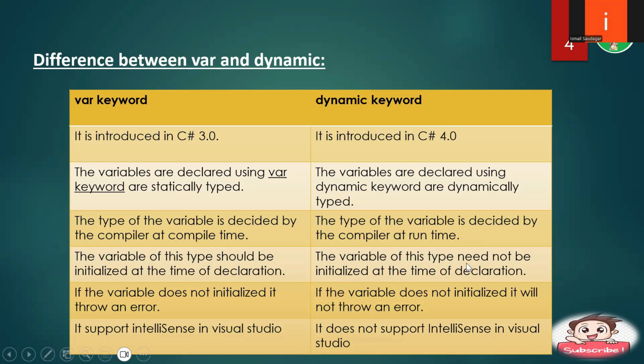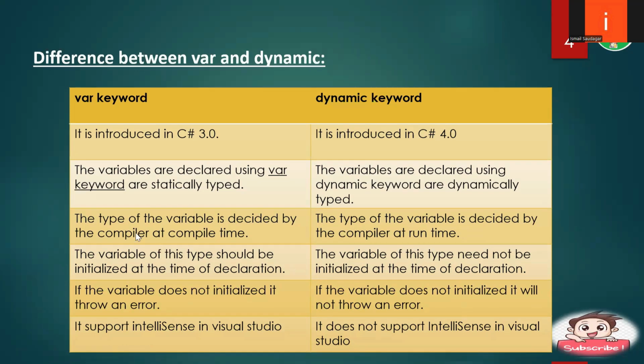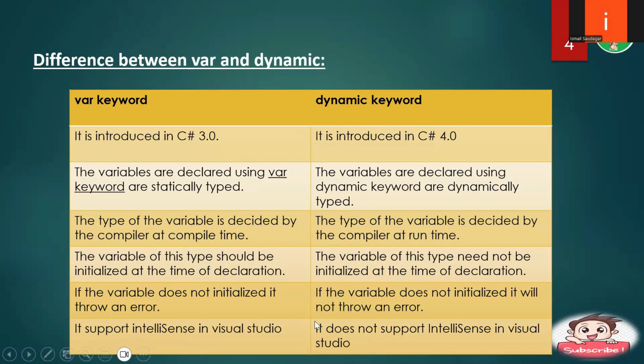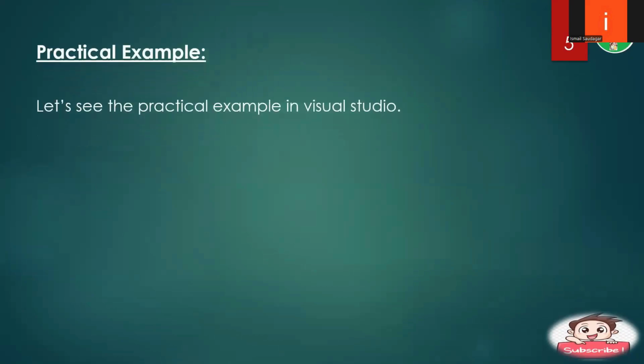The variable of dynamic type need not be initialized at the time of declaration, so it is not mandatory, and we can assign the value after the declaration. If the var variable is not initialized, it throws an error, as we have seen. If the dynamic variable is not initialized, it will not throw an error. The var keyword supports the IntelliSense feature, but dynamic does not support IntelliSense. So this was all about the var and dynamic keywords.